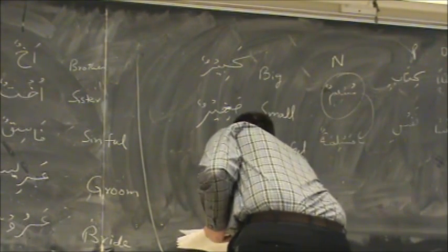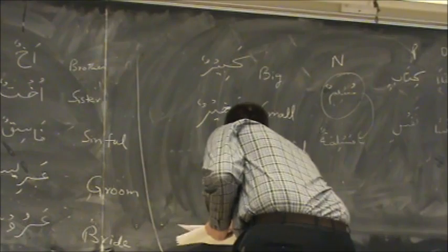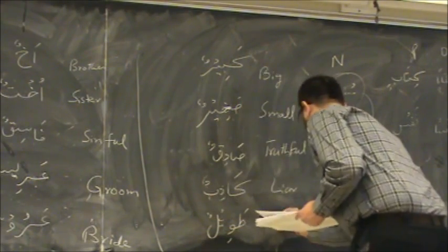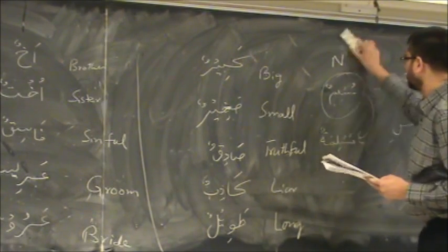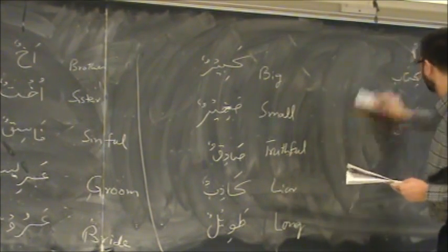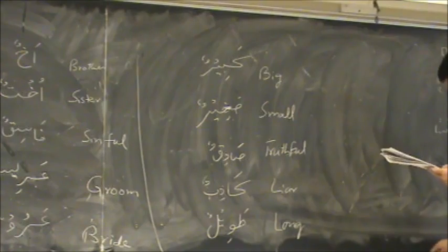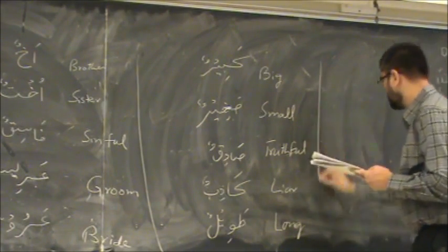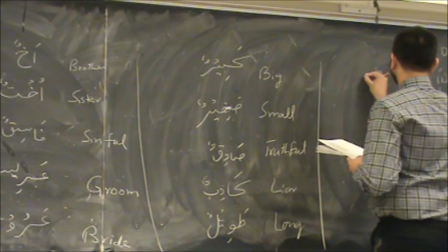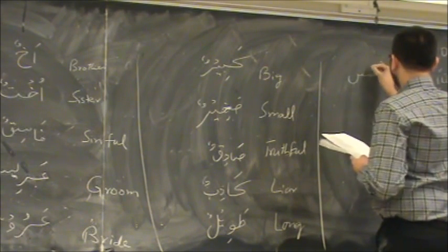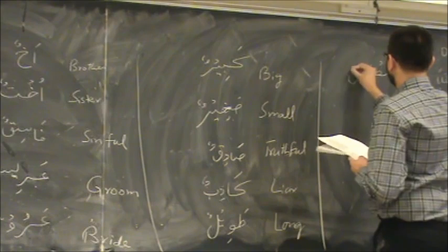Tawilun. Tawil means long. So you should be able to make feminine. Alright. 3 more words and we're done. Mutma'innun.